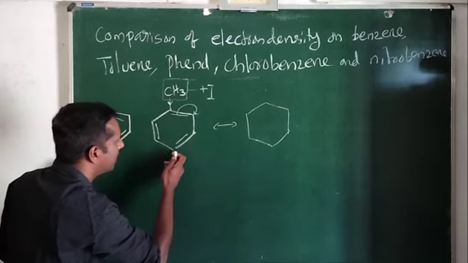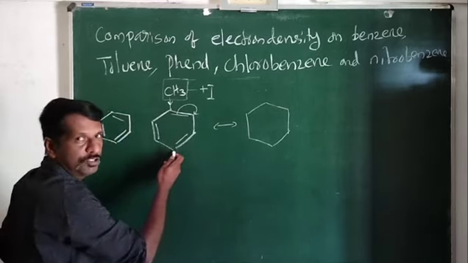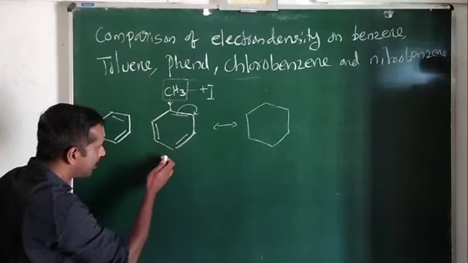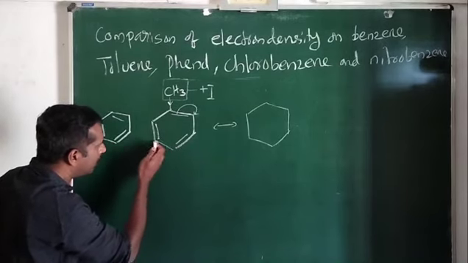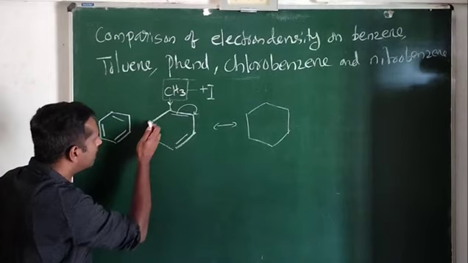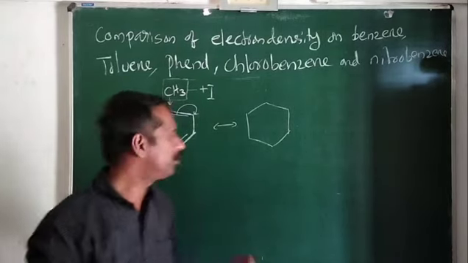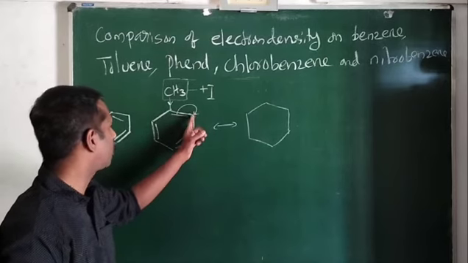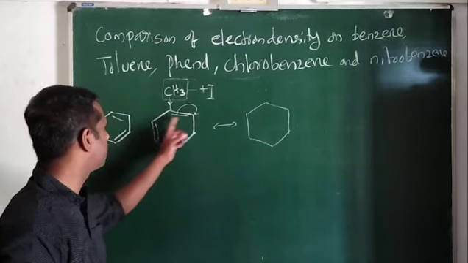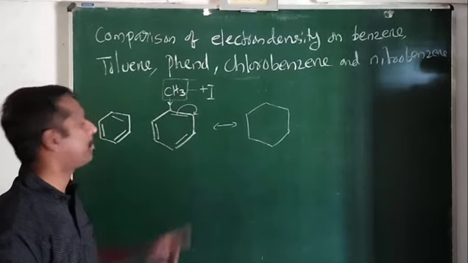Here you can see a pair of electron and a negative charge. In the next resonance stage, this pair of electron will come between these two carbon and be shifted to here. So here also you can see a pair of electron and a negative charge, or in short, you can see the ortho and para positions. These two are ortho positions and this is a para position.